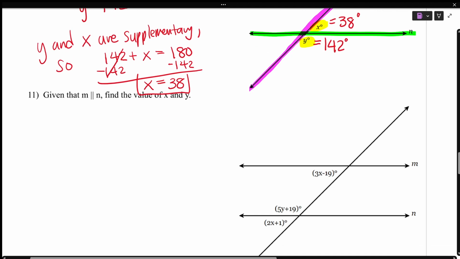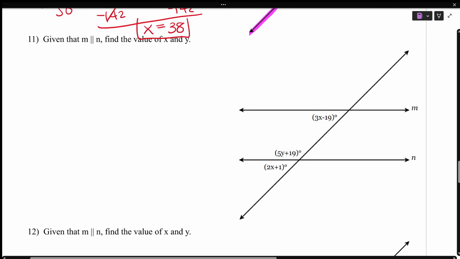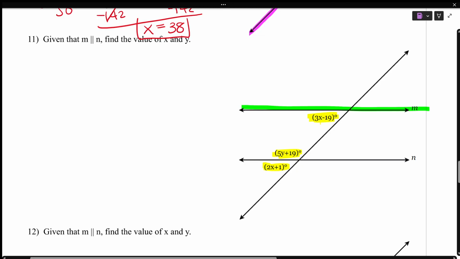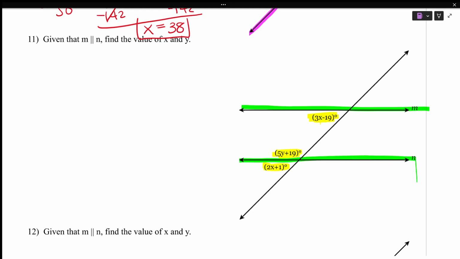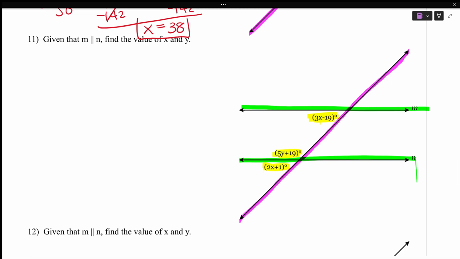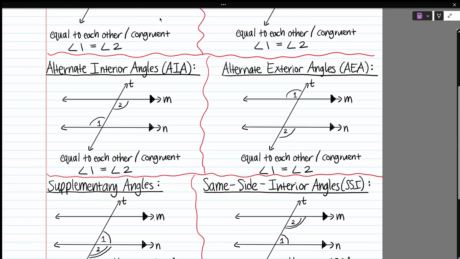Cool. Let's move on. Same thing here, but now we actually have expressions. These are the parallel lines. There's the transversal. Let's start with x. Let's look at the two x's. What kind of angles are they? Try to think for yourself here. This sheet of paper is posted on Schoology, by the way.